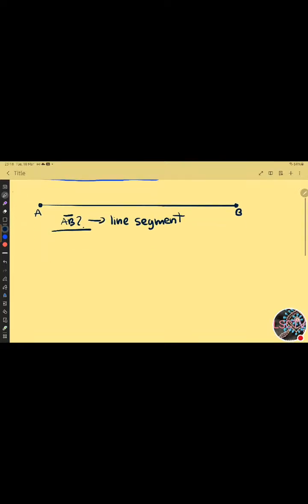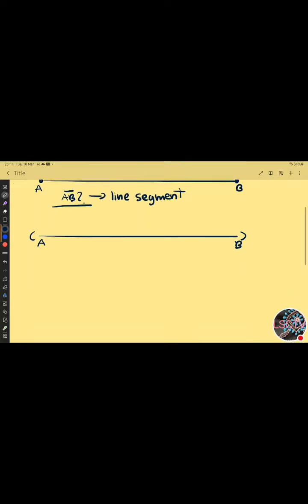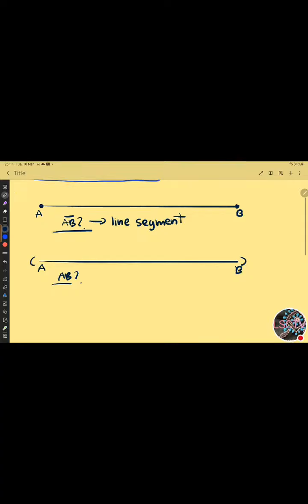Fine. Now, what is this? What is this called? Tell me, everybody in the chat. What is this AB called? This AB is ending here and ending there, it's not going to extend.